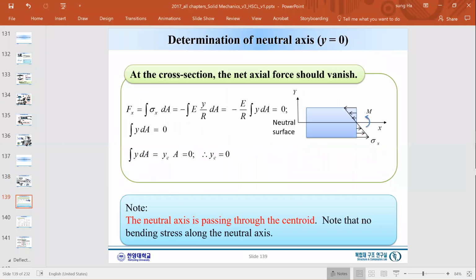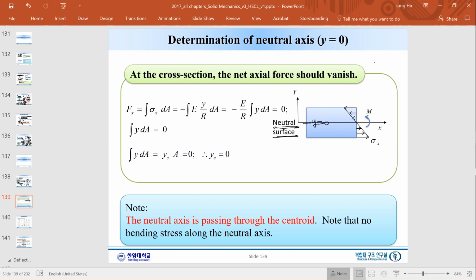And there is one very important issue: the neutral axis. In the very beginning, we just assumed that this is y equals 0, and this is called the neutral axis. But we didn't say where.